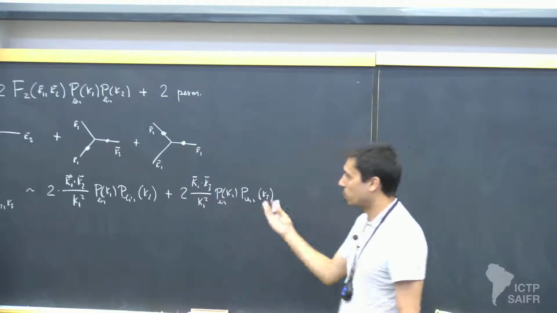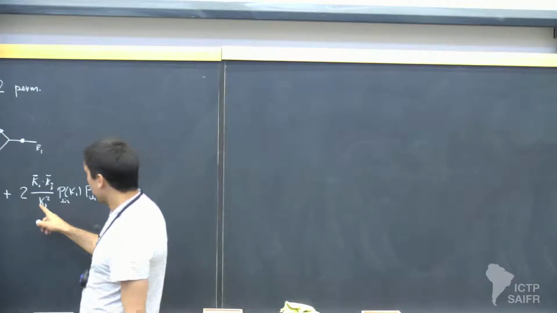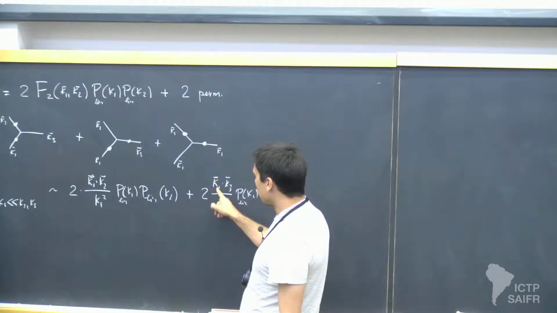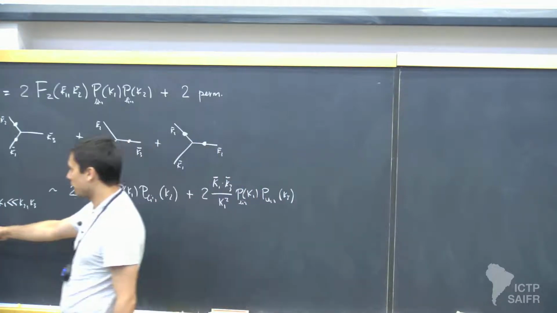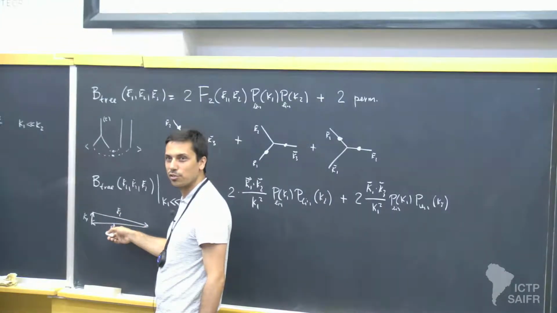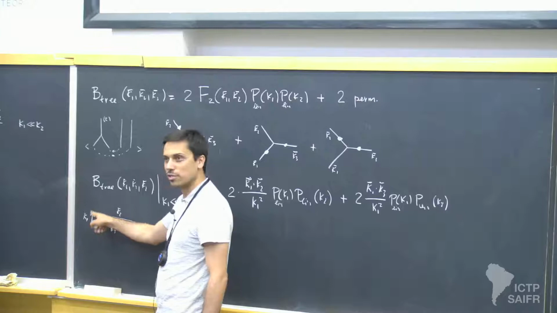These are the only two which are enhanced. But now you see, at leading order, K3 is approximately equal to K2 in magnitude when you send K1 to 0.